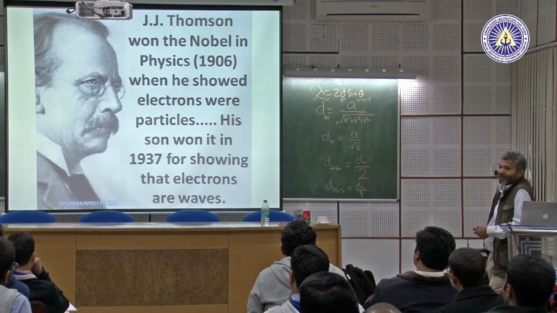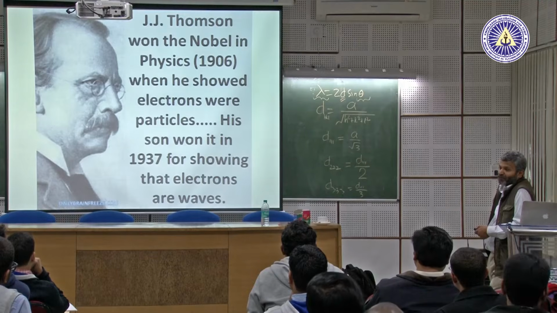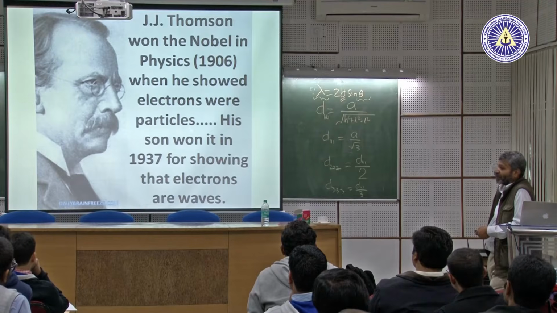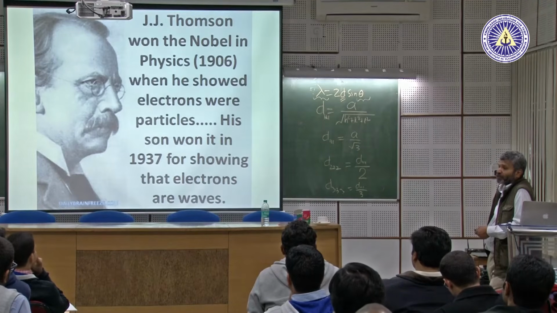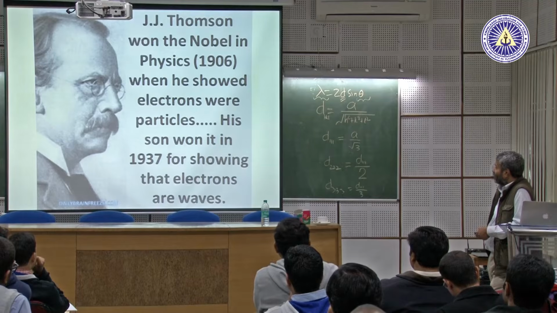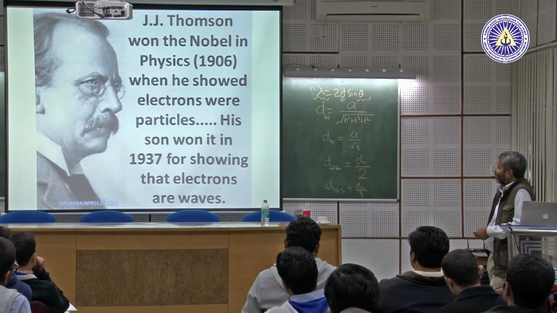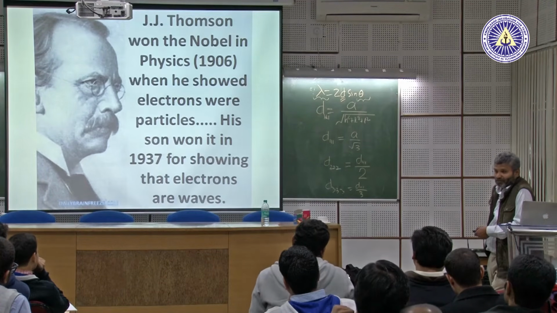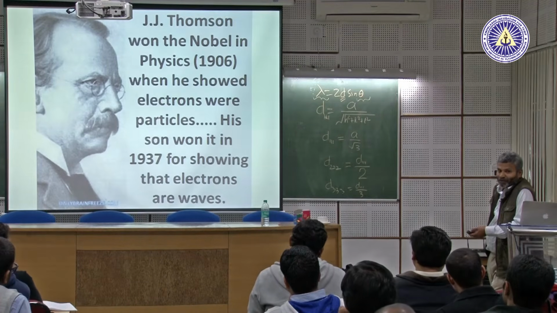Now, this is another father-son pair getting a Nobel Prize, but this time much more interesting. The father, J. J. Thomson, got the Nobel Prize for discovering electrons. So, he showed electrons are a new kind of particle. G. P. Thomson, his son, in 1937 got the Nobel Prize for showing electron diffraction, which is also part of this course.